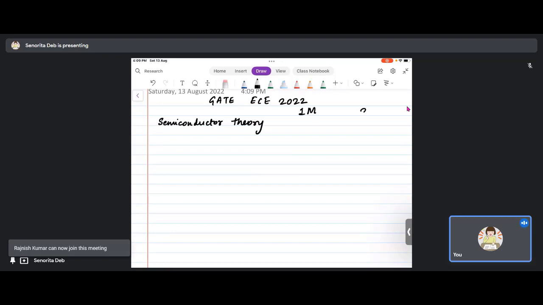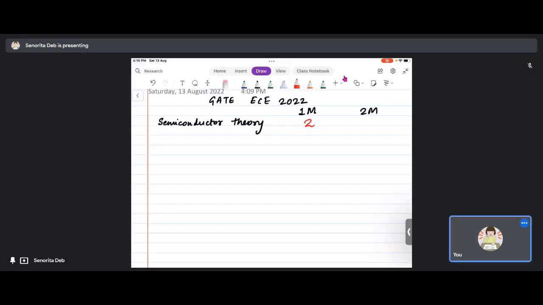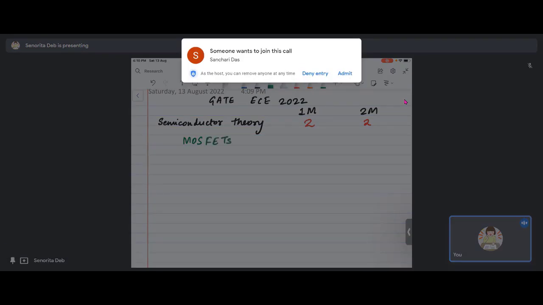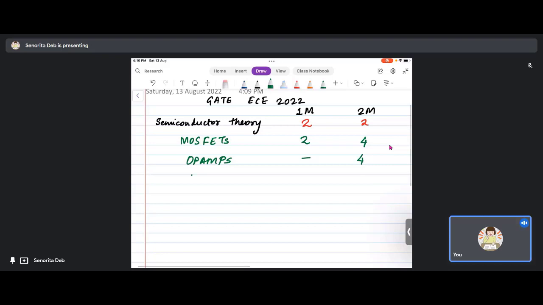From semiconductor theory, there were 2 questions of 1 mark and 2 questions of 2 marks, and in MOSFETs there were 2 questions of 1 mark and 4 questions of 2 marks. In op-amps, no question was from 1 mark and 4 questions were from 2 marks, and there was one more diode question that was 2 marks as well.